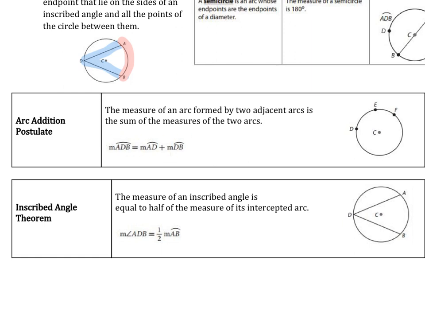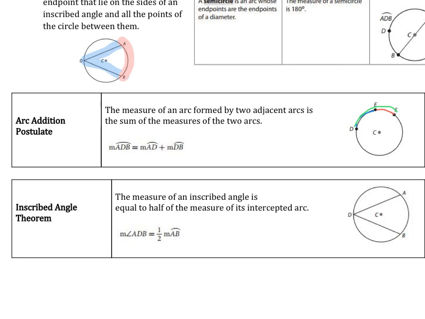So here, if you have arc AD and arc DB, it makes arc ADB. So it just combines the 2. Or we could look at the figure to the right and we could say, oh, arc DE plus EF would simply make arc DF. So again, it's more of a common sense postulate.